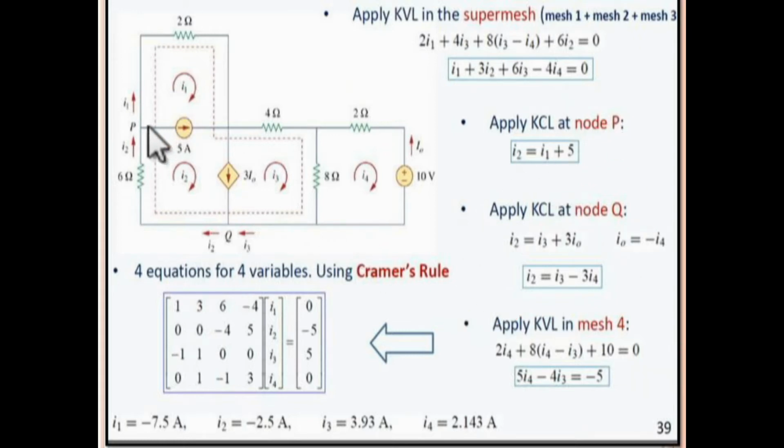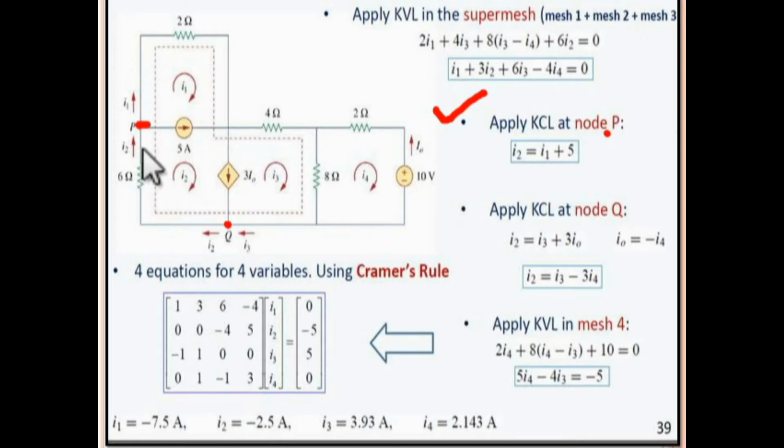So there will be 2 equations from KVL, and then guys, other equations will come by applying KCL. You can see over here, this is the node P and this is another node Q. So at node P and at node Q you have to apply KCL. Apply KCL at node P. I1 is leaving and I2 is entering the node, and 5 ampere is leaving.